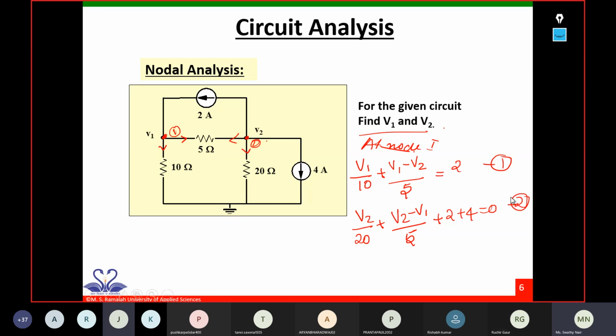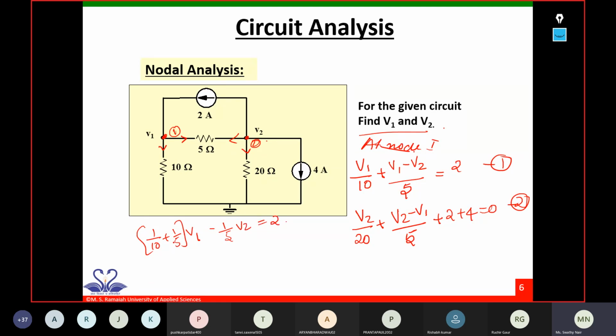Equation number 2. Now write equation 1 as (1/10 + 1/5) V1 minus 1/5 V2 is equal to 2.